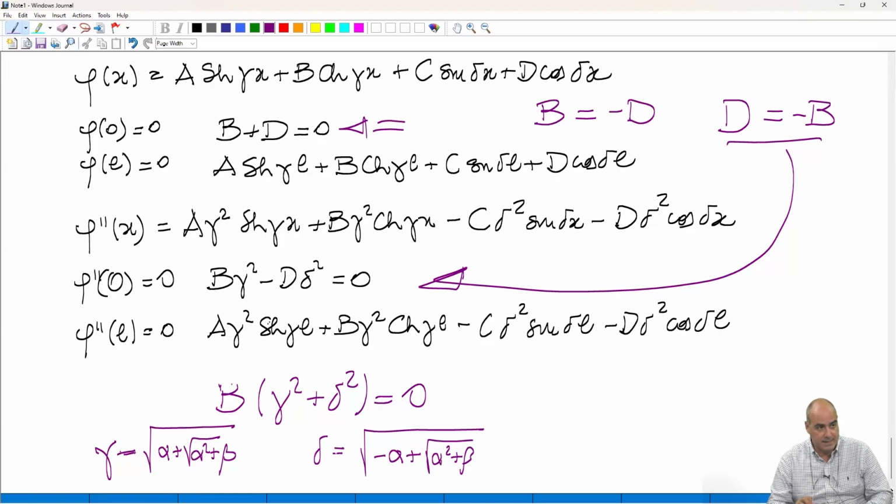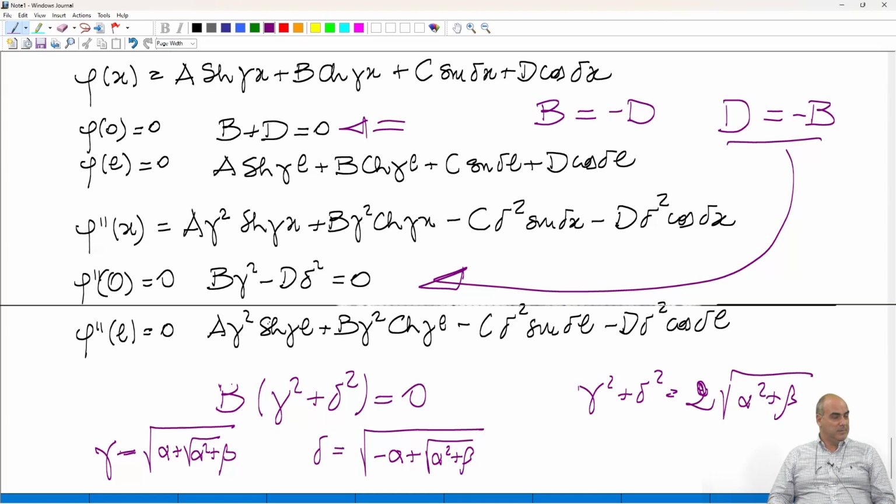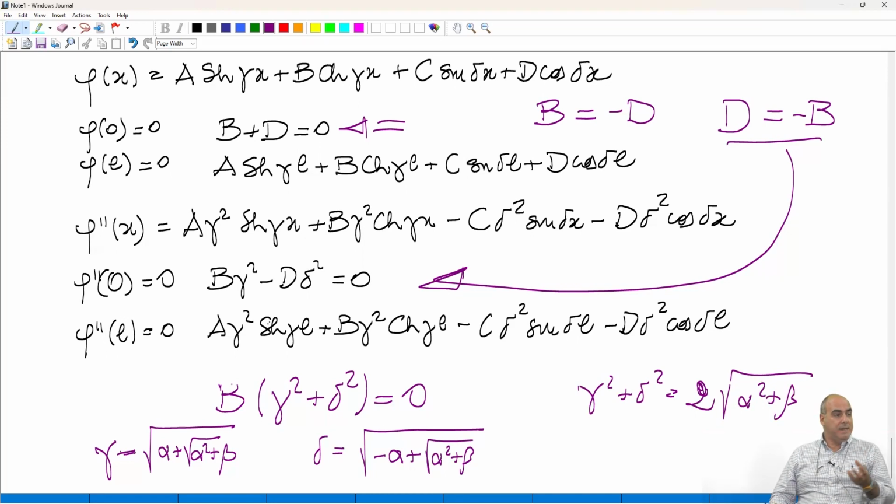So if you replace this into here, you find that gamma square plus delta square is equal to twice the square root of alpha square plus beta. But alpha and beta are numbers which come from the stiffness characteristics of the beam. So they cannot be zero.